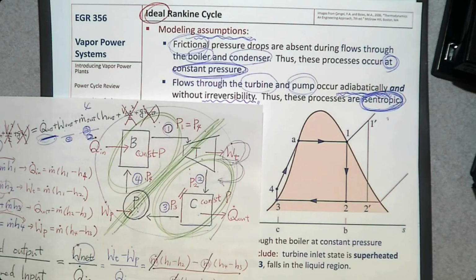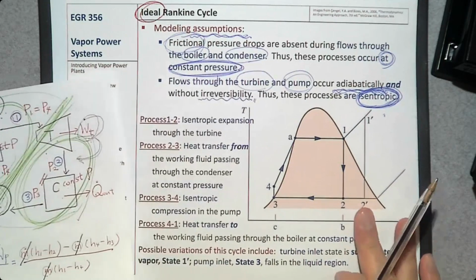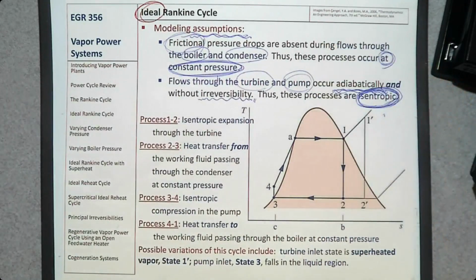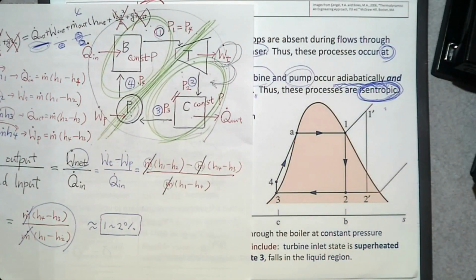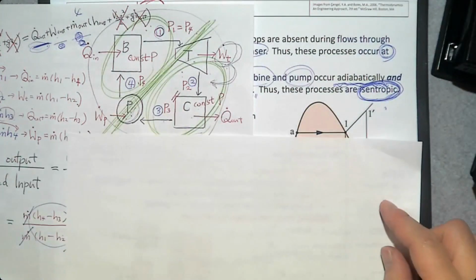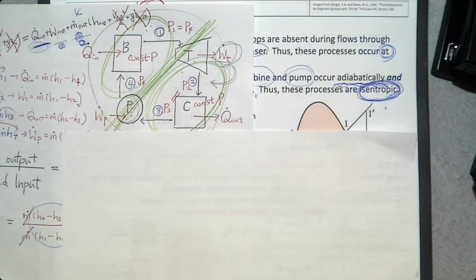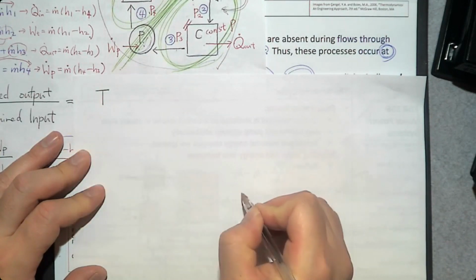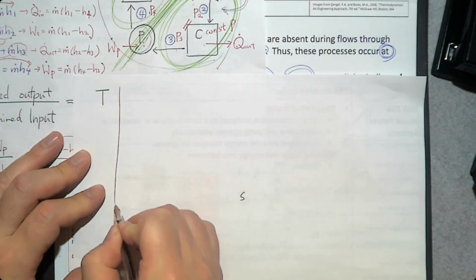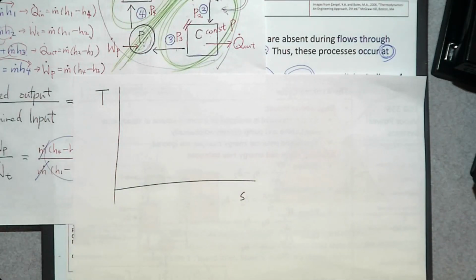So let's do this analysis. In this ideal Rankine cycle, we can study them on this TS diagram. We have two pressure values. One is the boiler pressure, the other one is the condenser pressure.